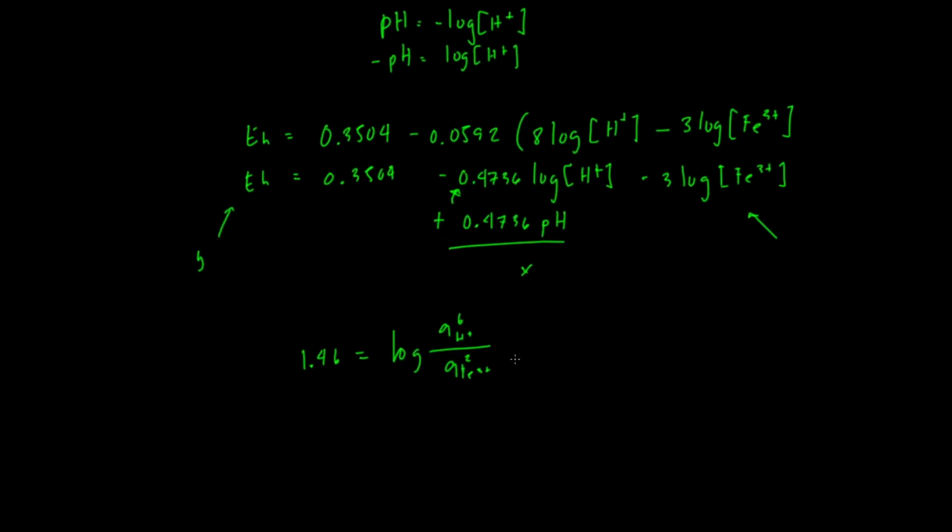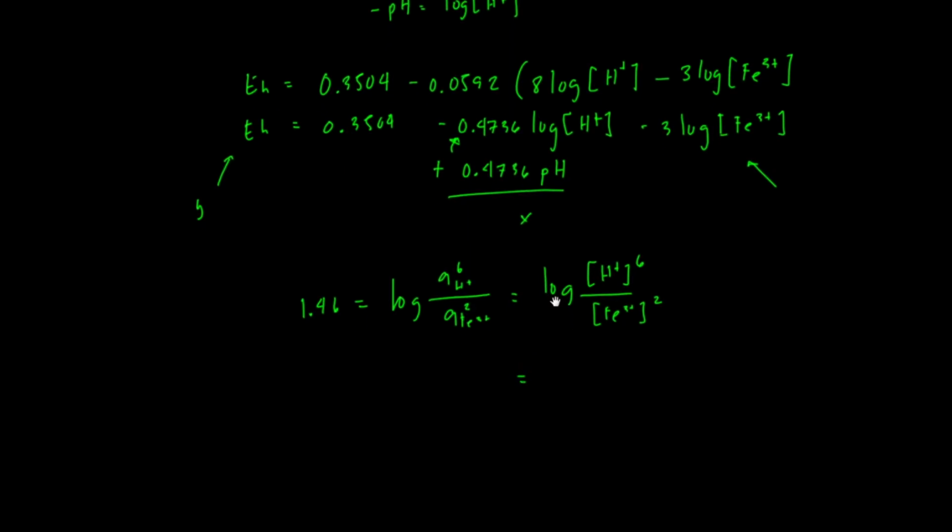Okay? So again, ito equivalent lang sa logarithm of H plus, molar concentration of H plus, because these are dilute solutions, no? Tapos ito, Fe3 plus raised to the power of 2.